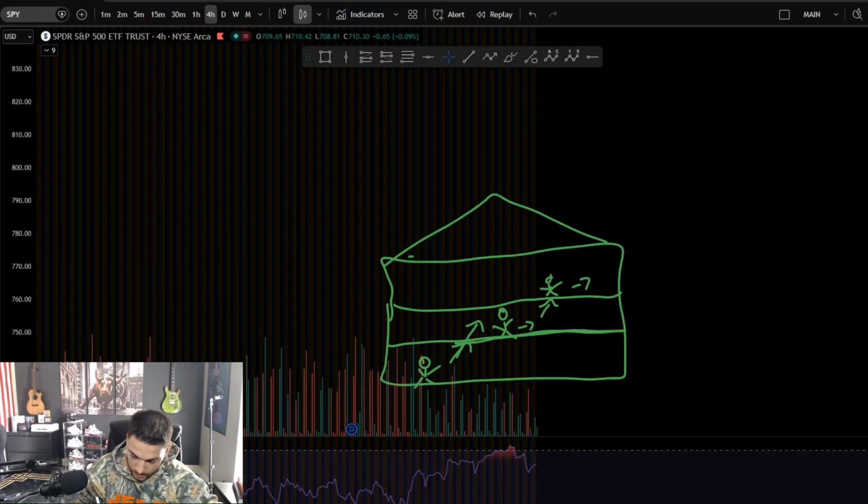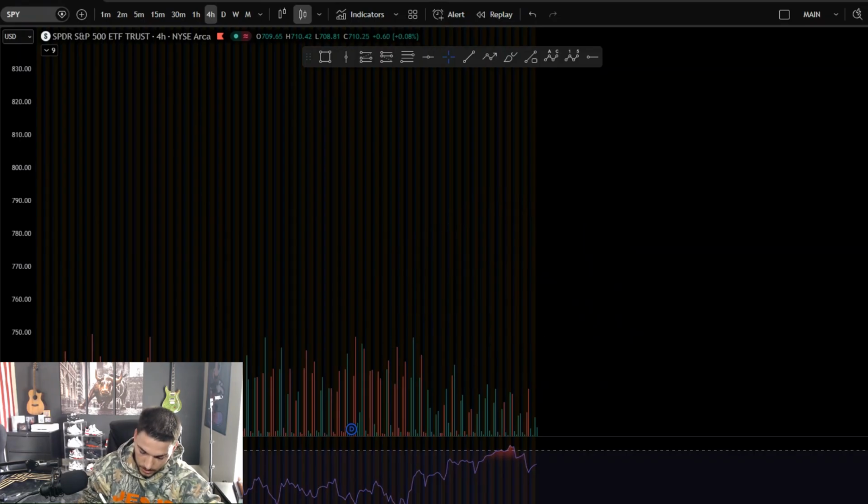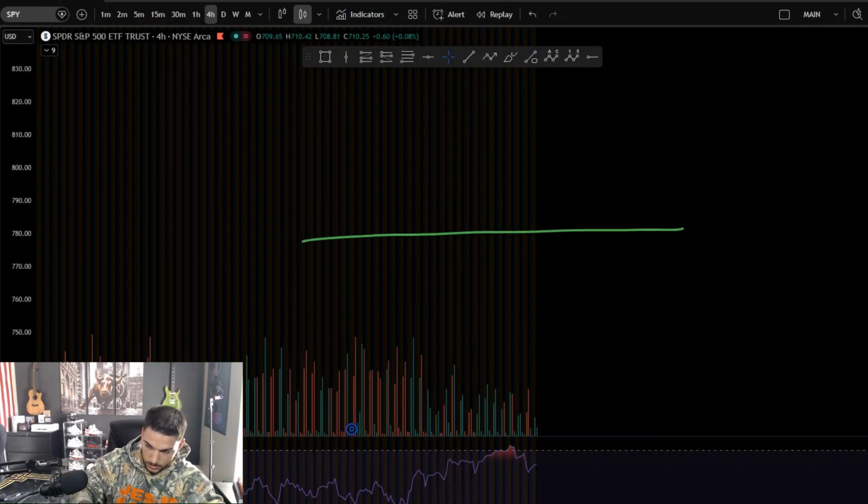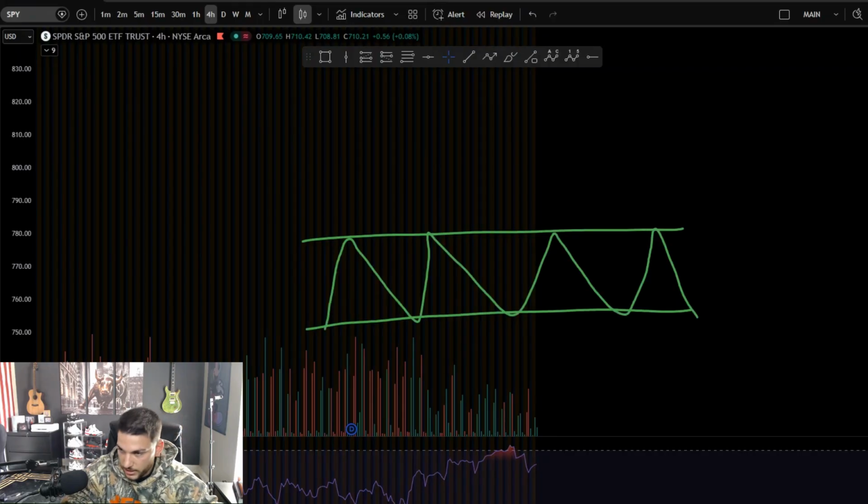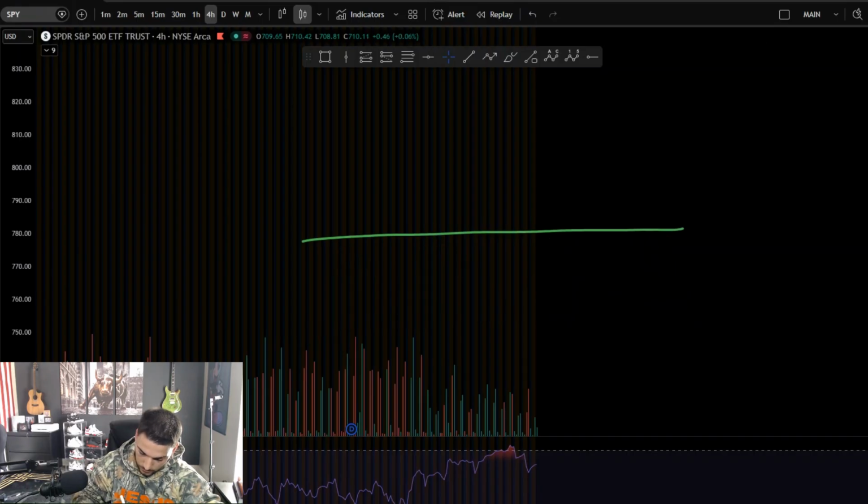Now, I guess another way to do it with support and resistance would be if it's just two levels, all right, and the stock is just doing this. This is going to be your consolidation. So when we're in consolidation, like SPY is, and I'll show you guys, all we wait for is to break one way or the other.